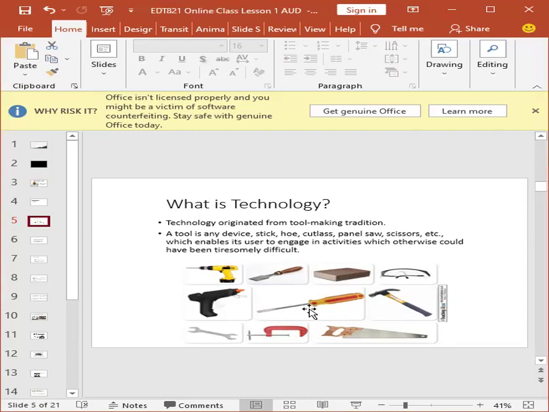A tool is any device which enables its user to engage in activities which otherwise would have been tiresomely difficult to achieve or to do.